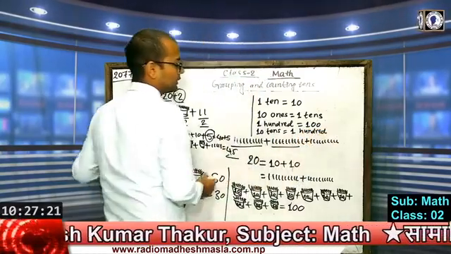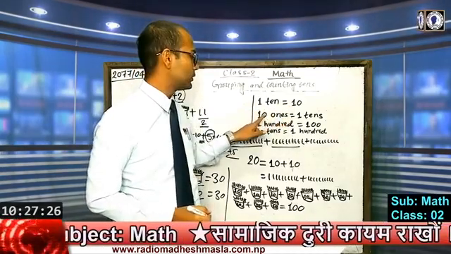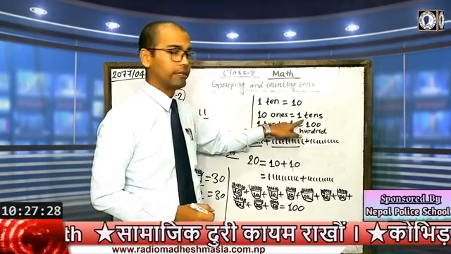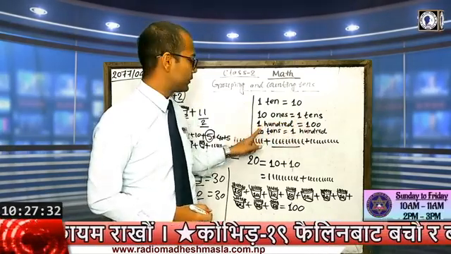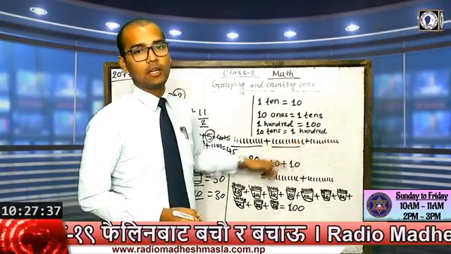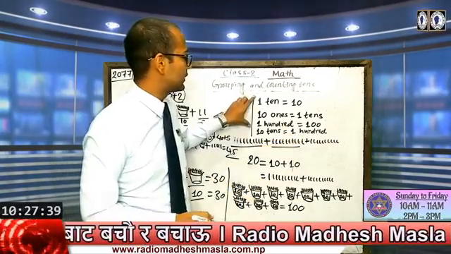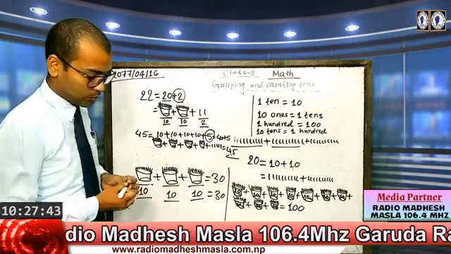Students, look here carefully. 1 tens is equal to 10. It means 10 ones is equal to 1 tens. The same way, 10 tens is equal to 100. So you have to remember this to solve this type of problems.